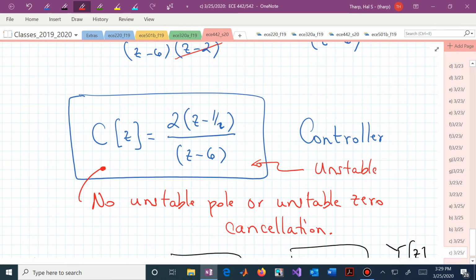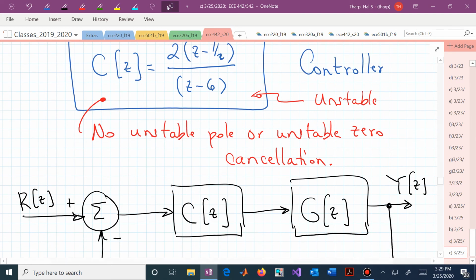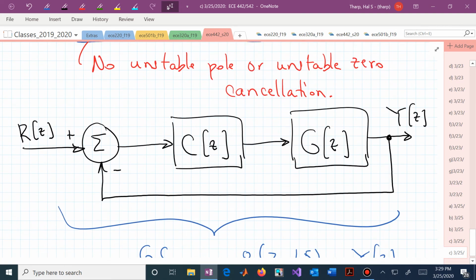You're seeing, though, that we had an unstable plant. We apply an unstable controller. This is where sort of two wrongs make a right. Now we have two unstable subsystems. We combine them in this unity output feedback configuration, and wow, we have a stable closed loop system. That's what's happening here.